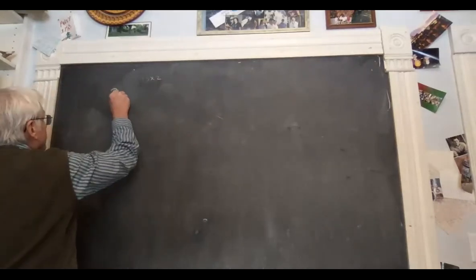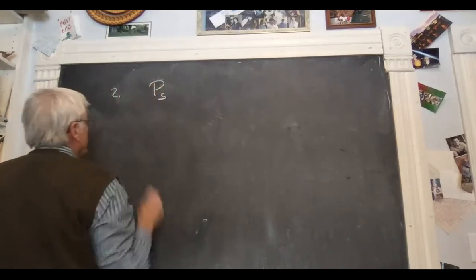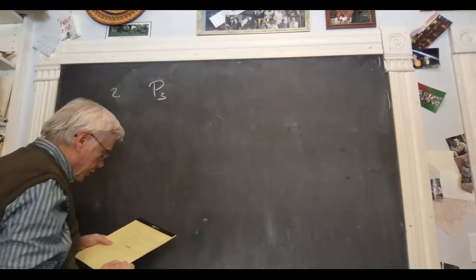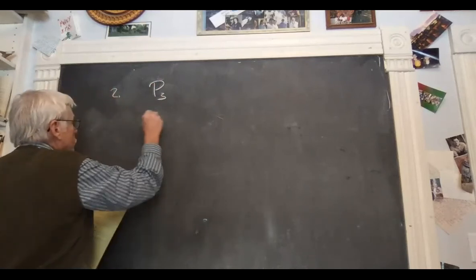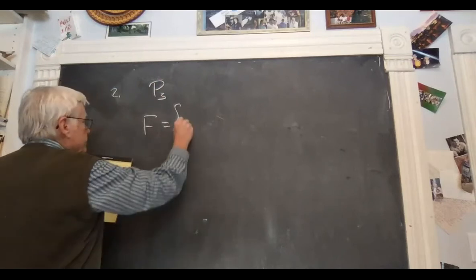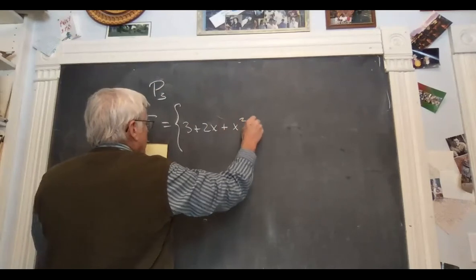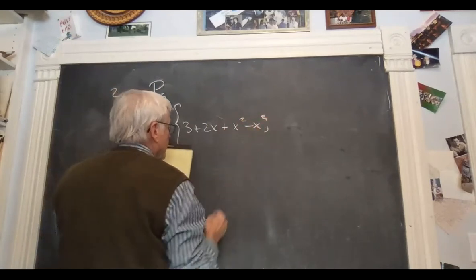And that problem, so this is problem 2, involves the polynomial space P3, cubic polynomials. I'm going to give you a set of cubic polynomials. 3 plus 2x plus x squared minus x cubed is the first.